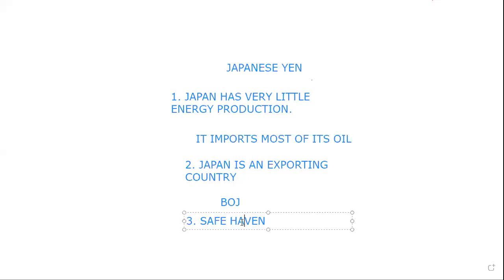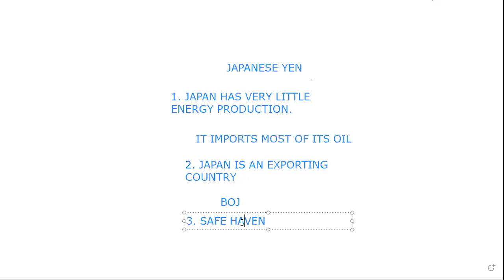So what are we talking about? Things that make the Japanese yen rise: number 1, when oil price drops, the Japanese yen will rise. 2, when there is political instability in any of these exporting countries, the Japanese yen will also rise. Okay, because Japan is the world's largest creditor.